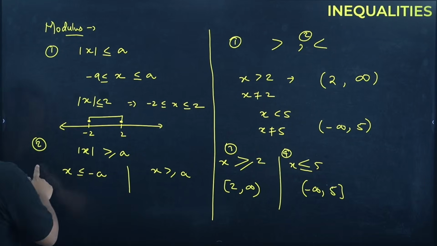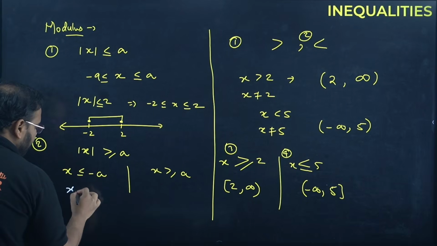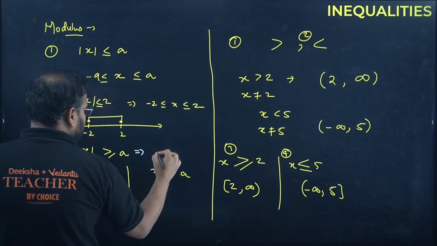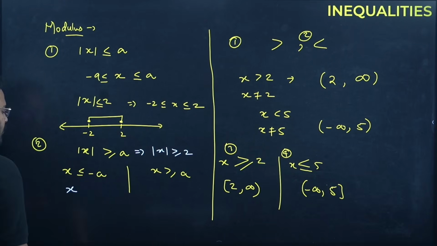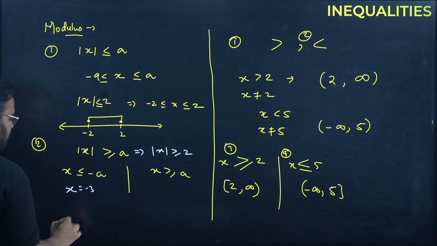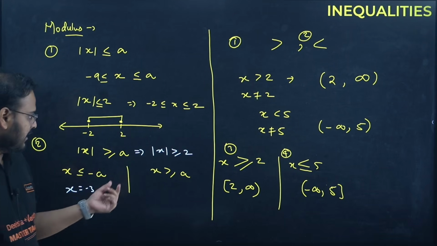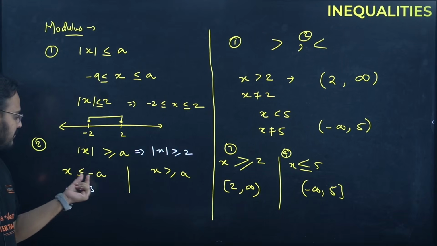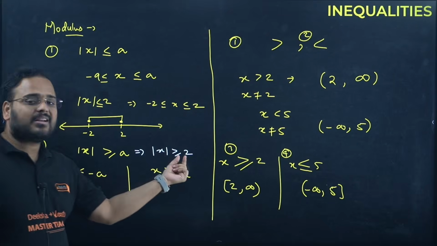If I take an example, let's say mod of x more than 2, and if I take x value as minus 3, what happens in the mod of x? Because I'm taking less than minus 2, no? If I take mod of x more than 2, then x represents either this case or this case. So x will be less than minus 2.